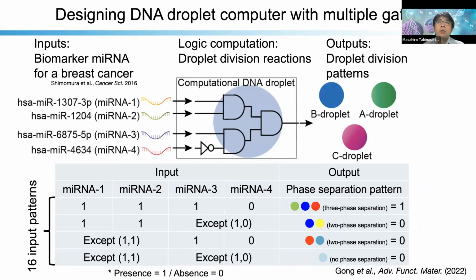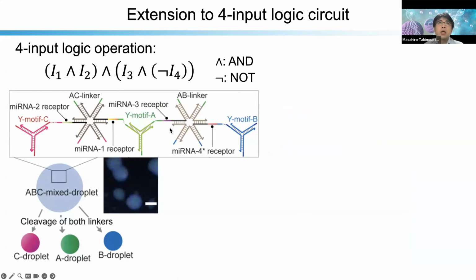Okay, so we applied the logic gate to a more complex logic circuit, accepting 4 inputs here. If these 3 inputs exist and the fourth input is not existing in the solution, the DNA droplets are divided into 3 parts by the sequence design of the 2 types of linkers.